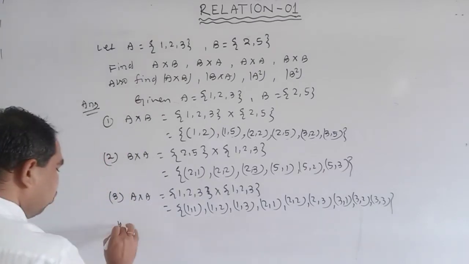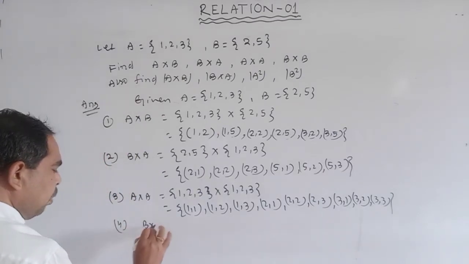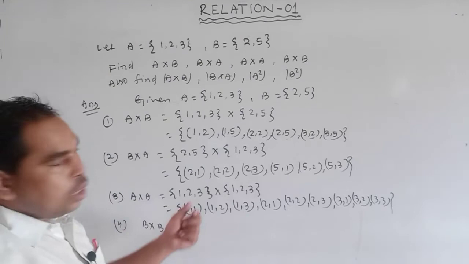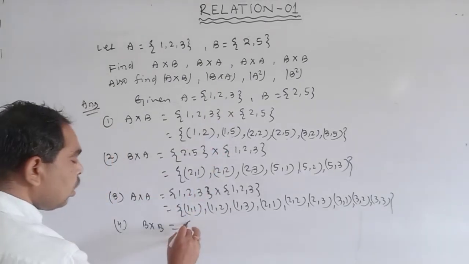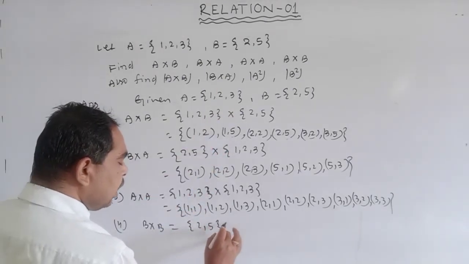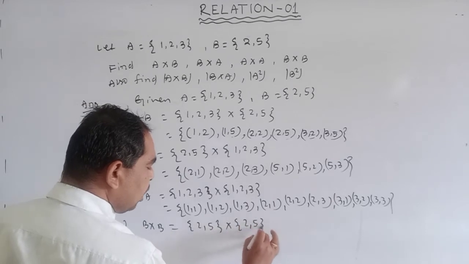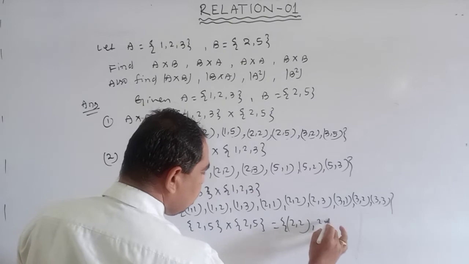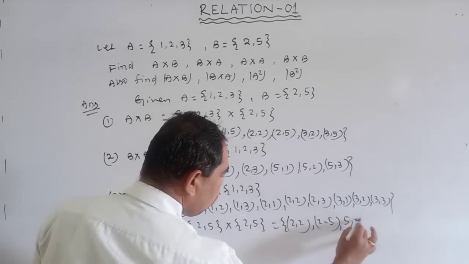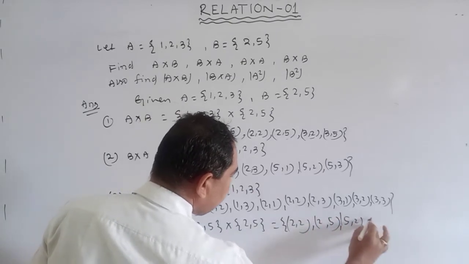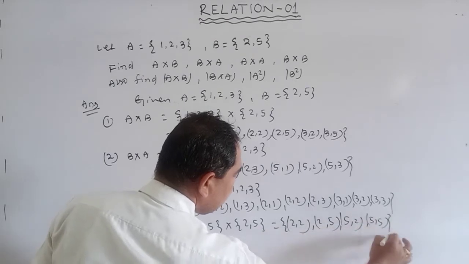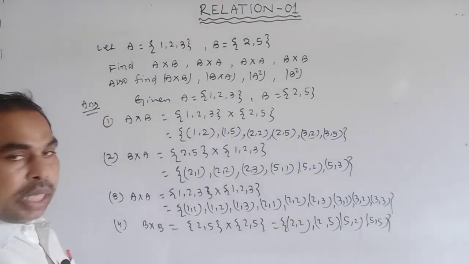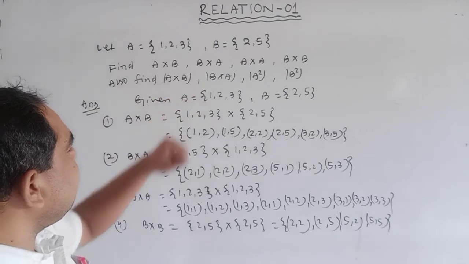Next, fourth, B into B. B contains 2 elements. So {2, 5} into {2, 5} is equal to (2, 2), (2, 5), (5, 2), (5, 5). So this is our B into B. Next, mod of A into B.